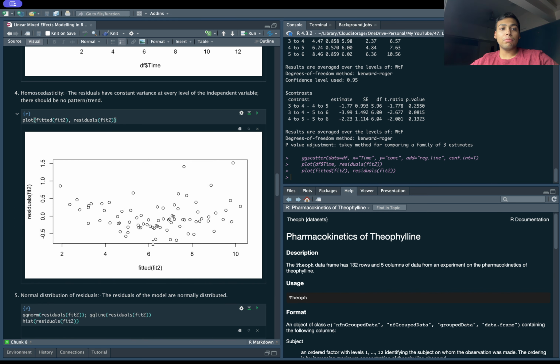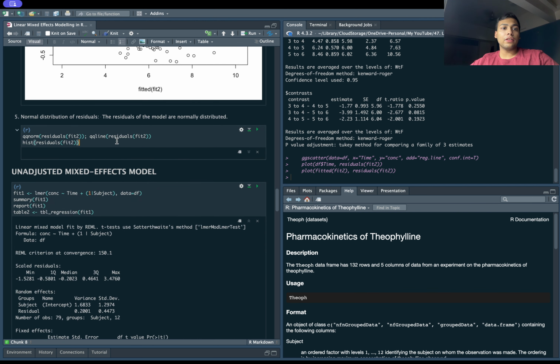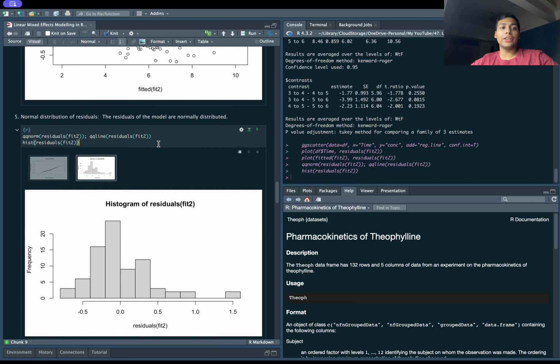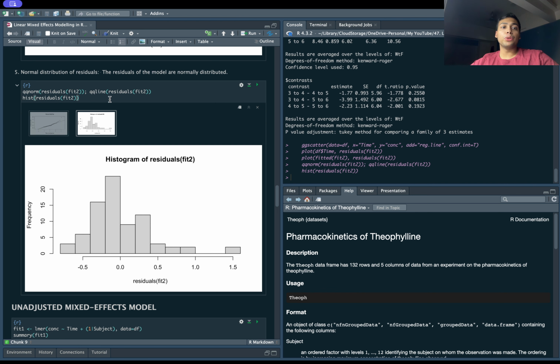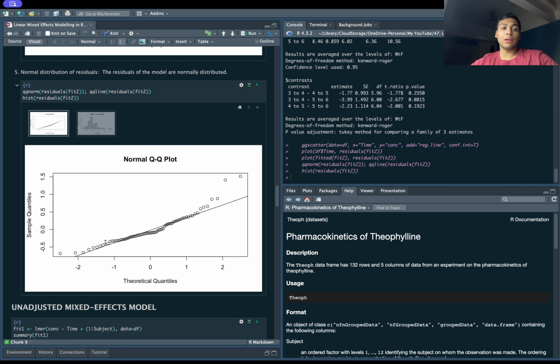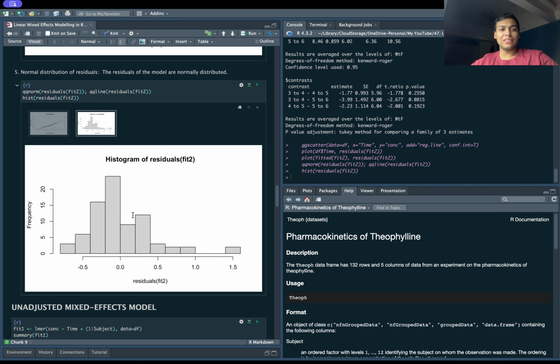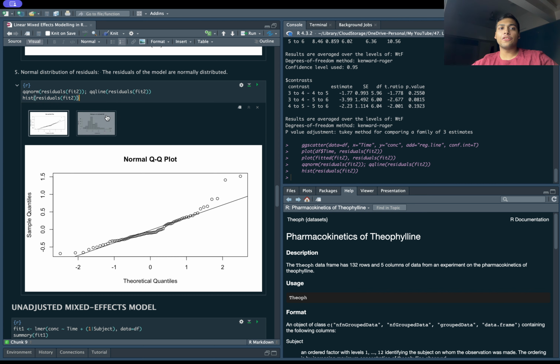Here we can see maybe between 7 to 10, I think there might be a change in variance, but it is not too drastic. And last but not least, normality of residuals. You can plot a QQ plot, that is a quantile plot, or a histogram, and for the most part this looks normally distributed, might be a little positively skewed, but I would say it's fine for the model. I won't read too much into it.